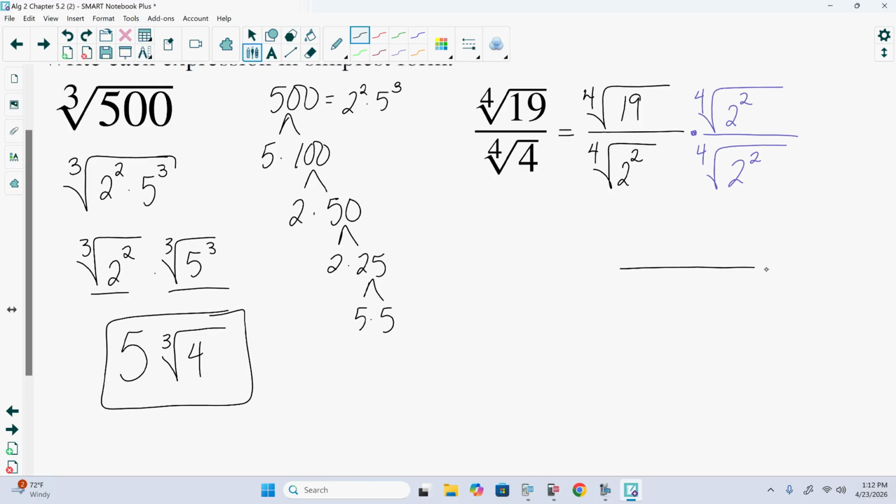And the denominator will indeed give me the 4th root of 2 to the 4th. And on top, I'm going to have the 4th root of 19 times 2 squared.